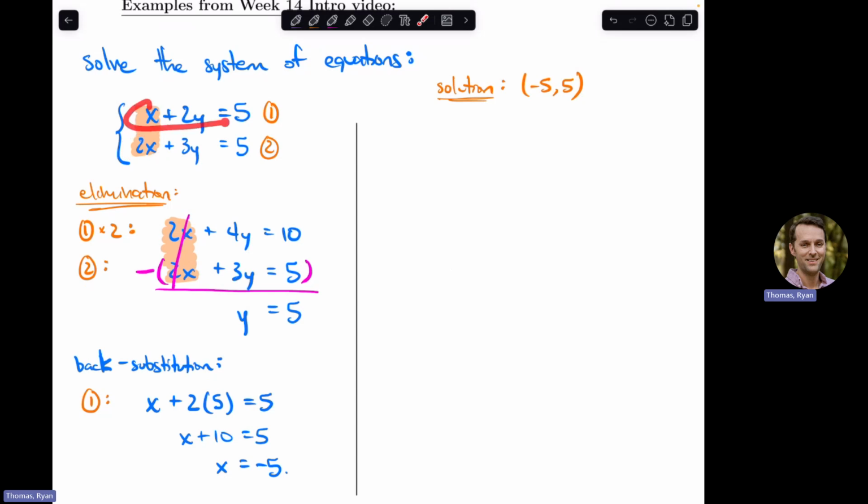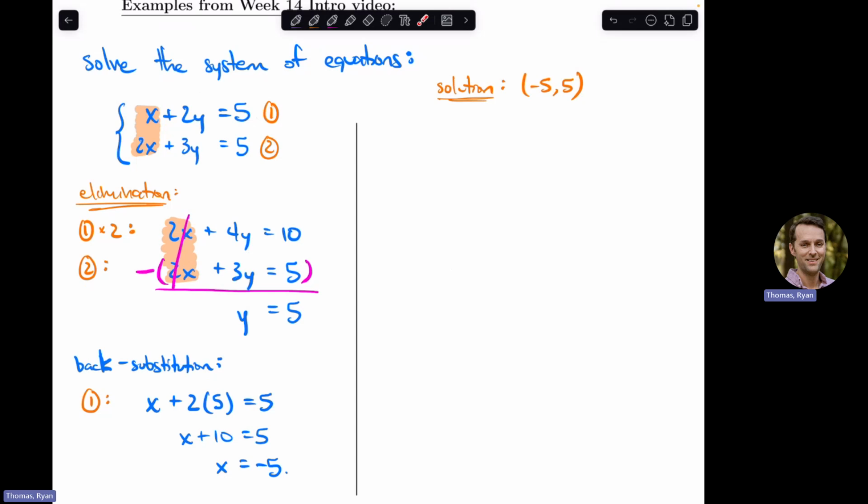So if I multiply this one by 2, those match up. If I look at the y terms here, 2y and 3y, I would have to take both of those and multiply up to 6, which means I have to manipulate both equations, which is not difficult, but it's a little more work. So that might be why I choose to eliminate x here.